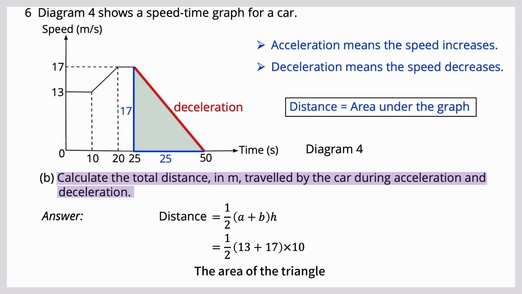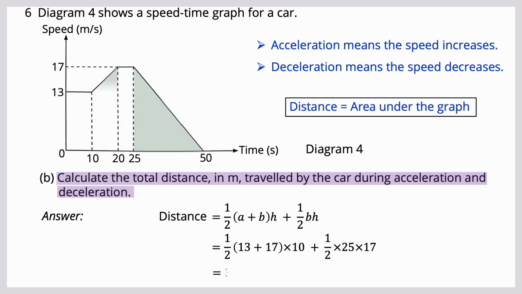The area of the triangle, which represents the distance traveled, is 1/2 times base times height. 1/2 times 25 times 17. The calculated result is 362.5 m. Therefore, the total distance traveled during acceleration and deceleration is 362.5 meters.